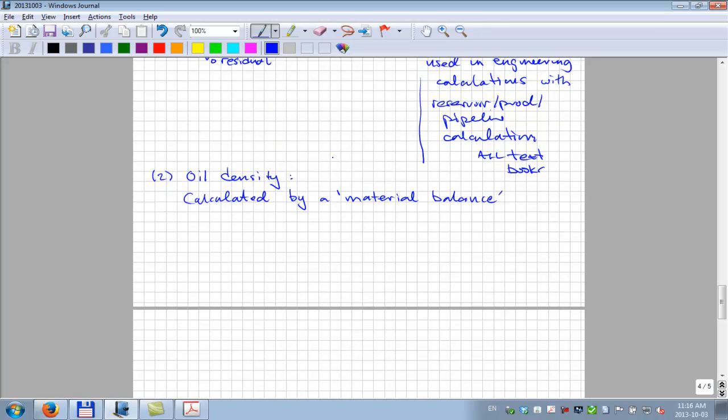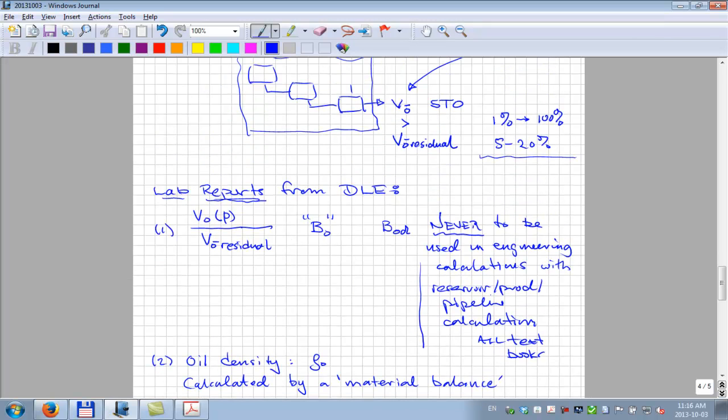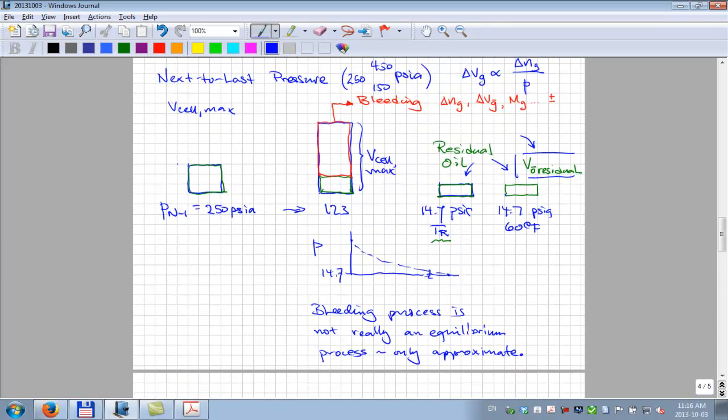And the way it's done is that this final residual oil that they measure here, they measure that density, and usually they'll also measure molecular weight, but certainly density they'll measure of this final oil.